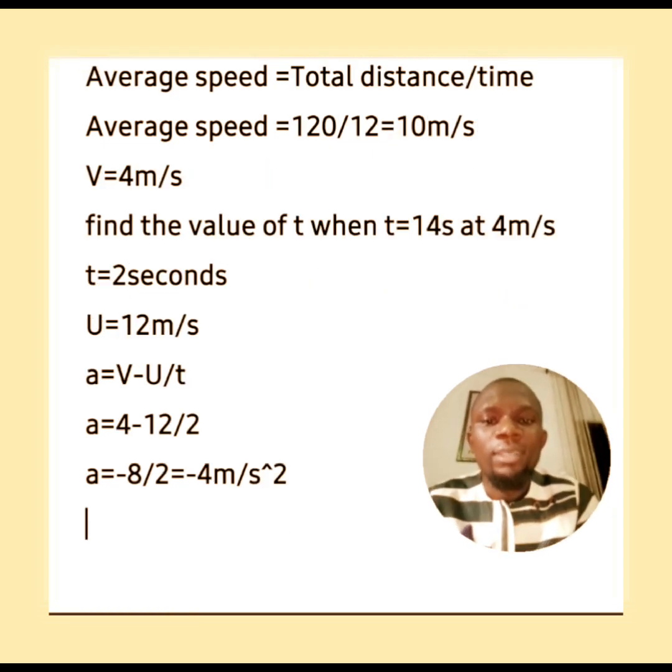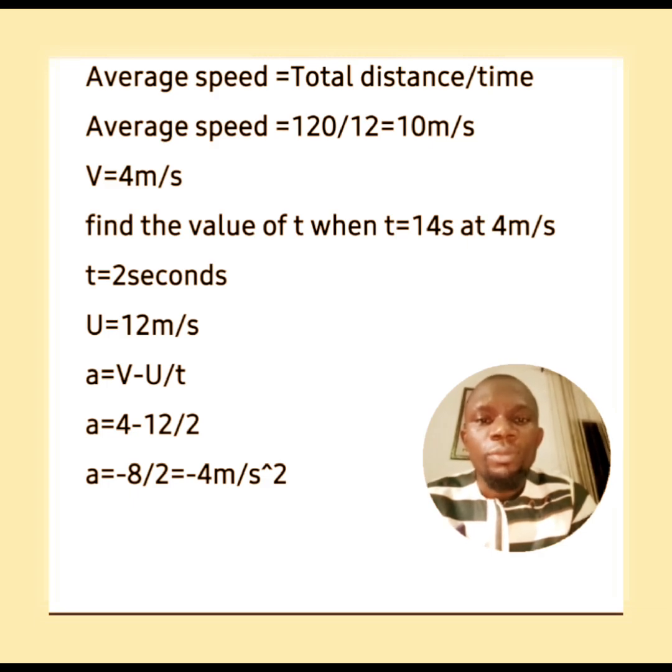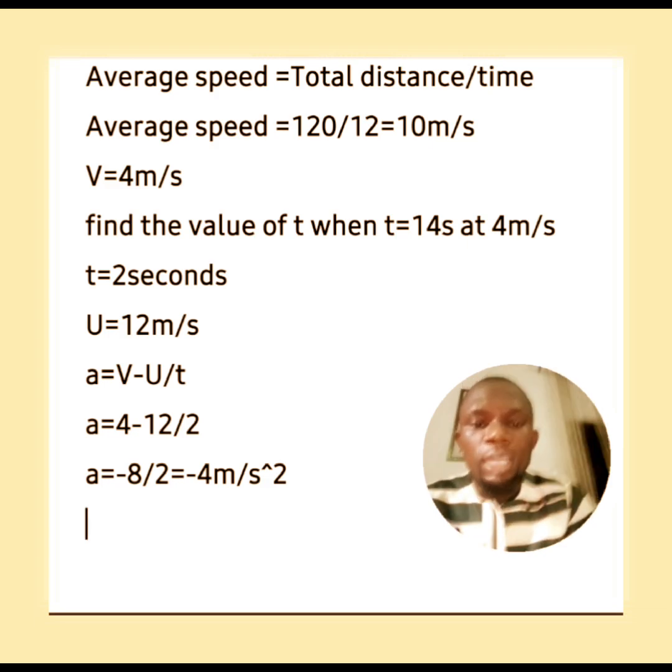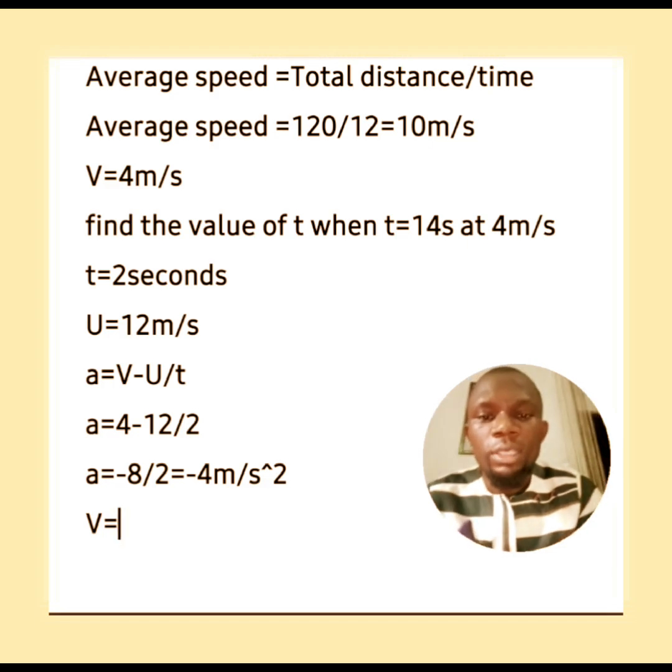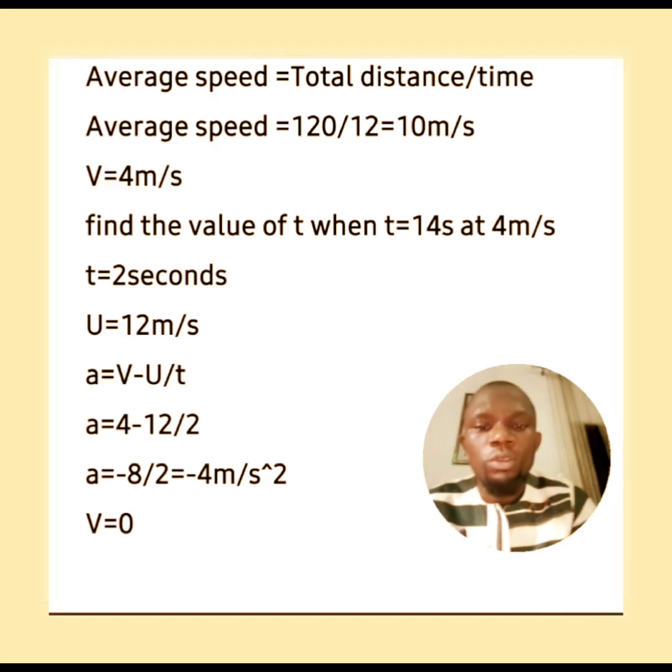Okay, so I'm done looking for my deceleration or retardation. The last stage is that I now have to look for the value of T when the car finally comes to rest. You see that my V is not given. My final velocity is equal to 0.